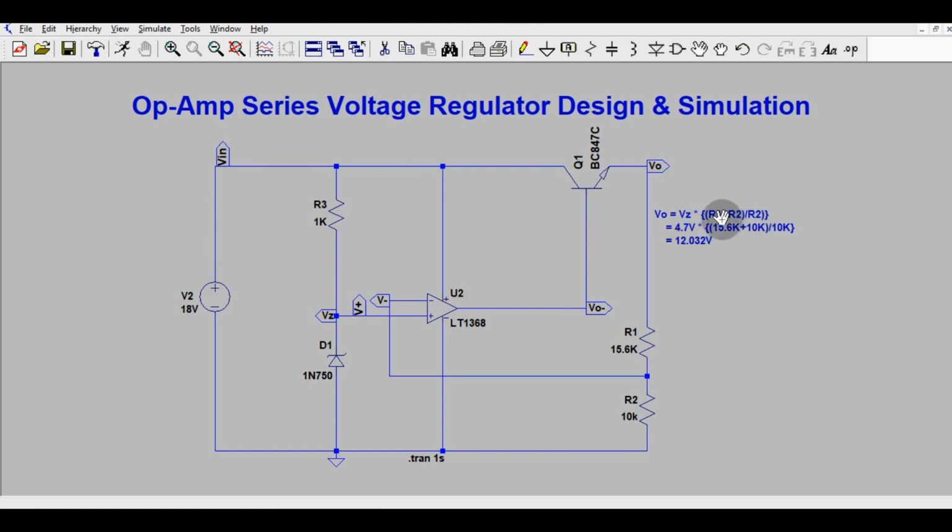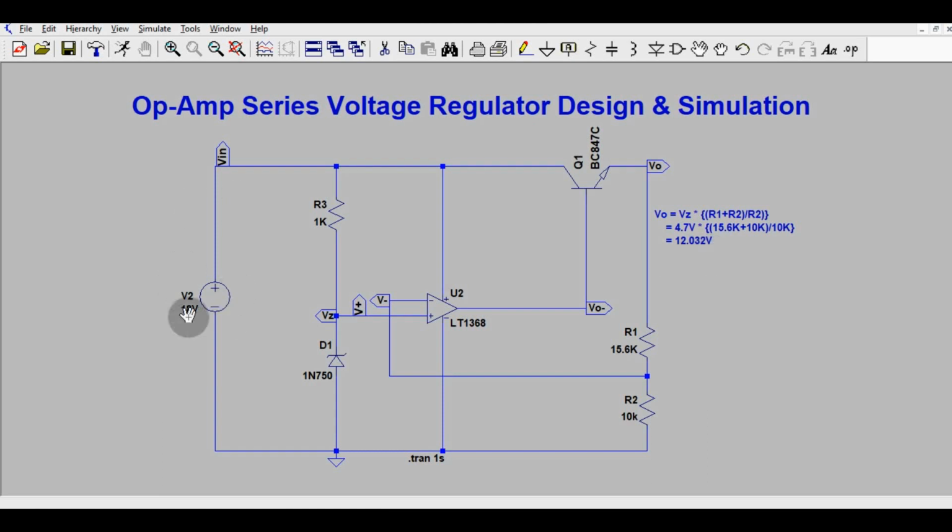This equation we have already derived in the previous tutorial. Vz is 4.7, this is a 4.7 Zener, then R1 is 15.6k and R2 is 10k, and if you divide by R2, 10k, you will get 12.032 volt. Now I will run the simulation and we will see if we are getting 12.032 volt or not.